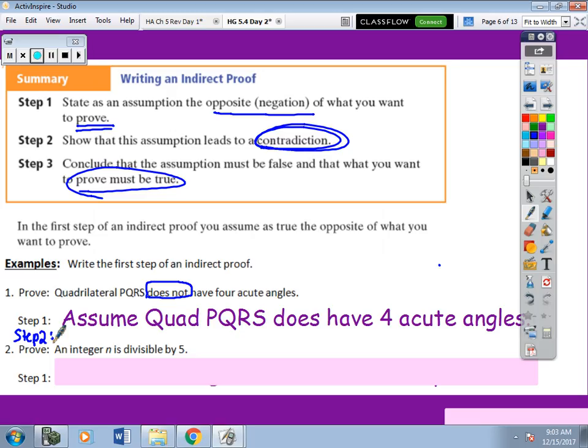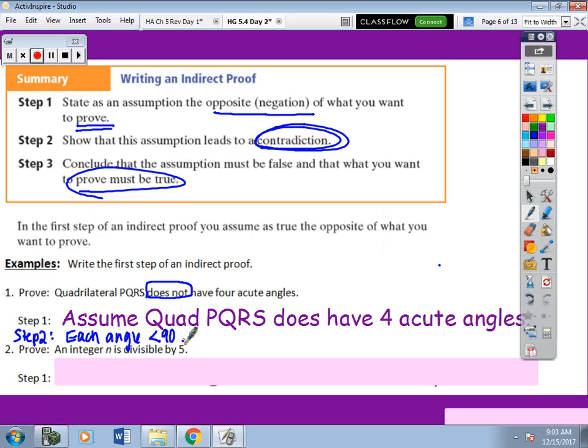How many degrees total are in a quadrilateral? 360. So if all 4 angles are acute, that means that each angle is less than 90, right? That's the definition of acute. If we were to add up 4 numbers that are less than 90, what would happen? It wouldn't be 360.